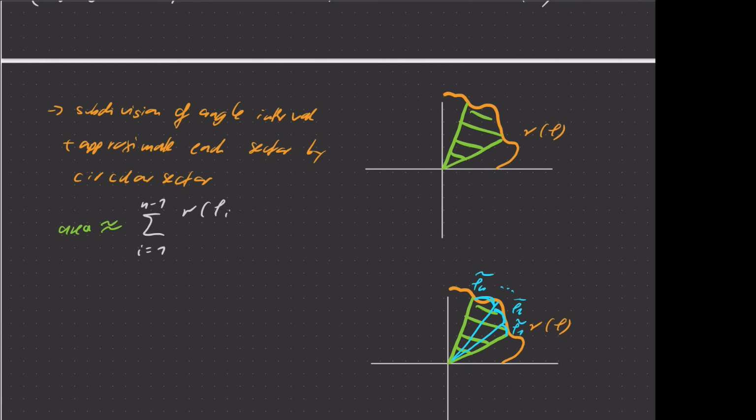So we use phi i tilde and the radius given at that point over 2. You can take the square of that radius, of course, and then we multiply that by the length of that interval here, so by phi i plus 1 tilde minus phi i tilde.